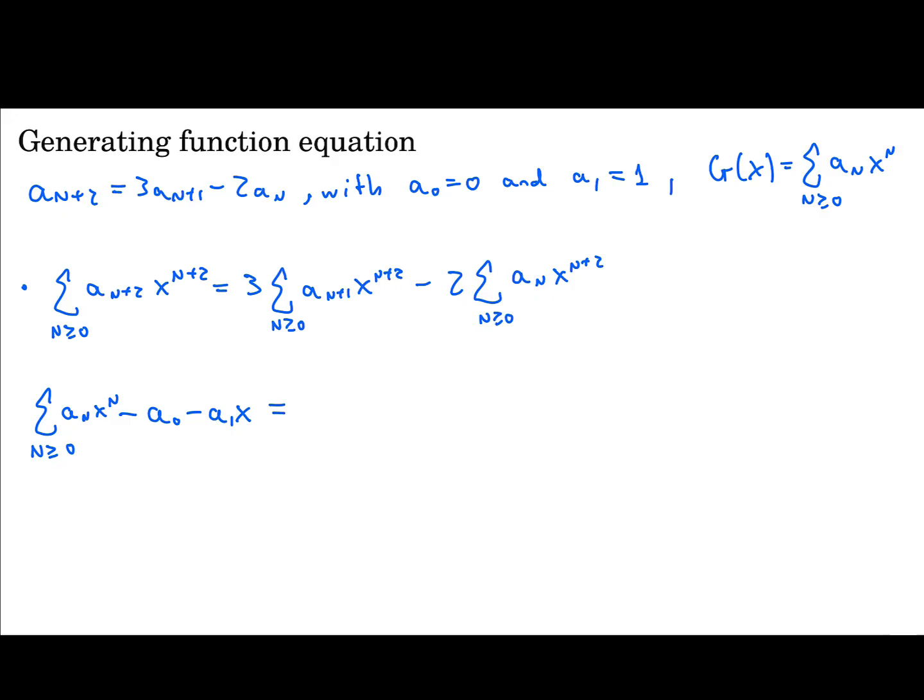So we can write this as 3x times the summation n larger or equal than 0 of a_{n+1} x^{n+1}. And the same for this one, but now there's a difference of 2, so factor out an x squared: minus 2x squared times the summation n larger or equal than 0 of a_n x^n.